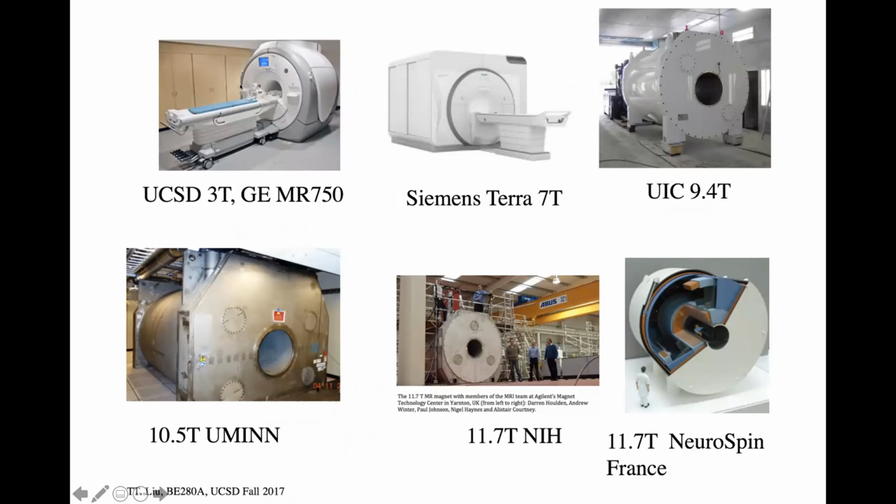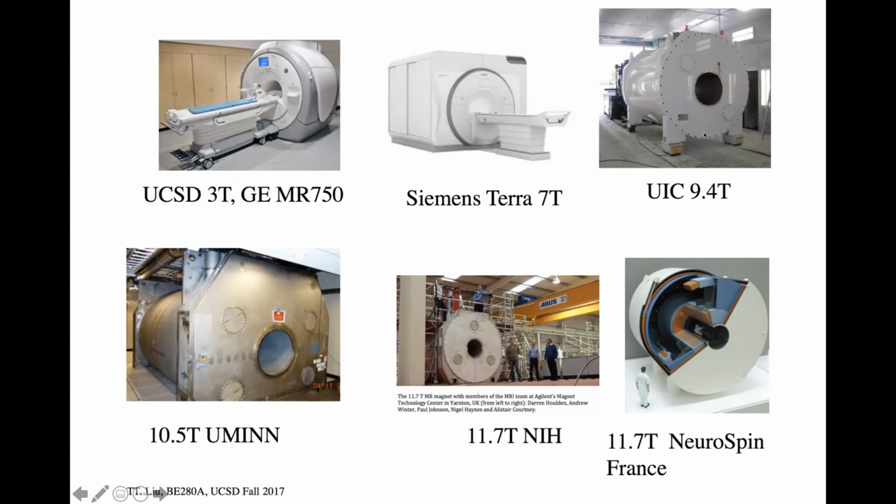A 3 Tesla system is pretty well just an off-the-shelf product now from any manufacturer, and there are a fair number of these in the field now. What is still considered a slightly exotic system, but is available as a product, is a 7 Tesla system. Each manufacturer makes one, and these are used mostly for very high resolution musculoskeletal and neurological imaging. It's very difficult to image the heart at 7 Tesla for reasons we'll look at.